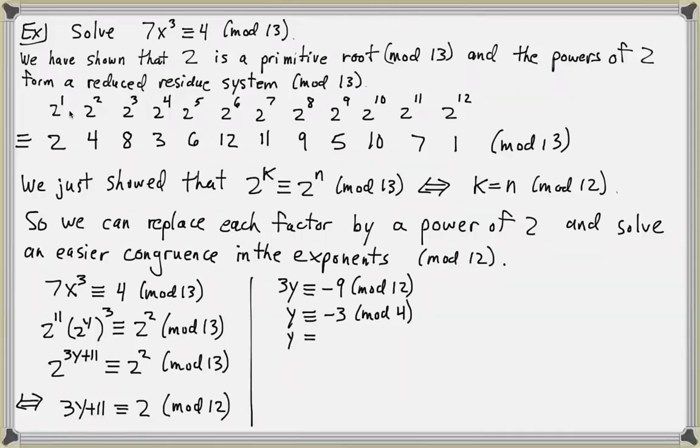So y is congruent to 1 mod 4. So when I'm solving my congruence mod 12, y will be congruent to 1 mod 12. And if I add 4 to that, that'll be also congruent to 5 mod 12. And adding 4 again, I get that y is congruent to 9 mod 12 as well.